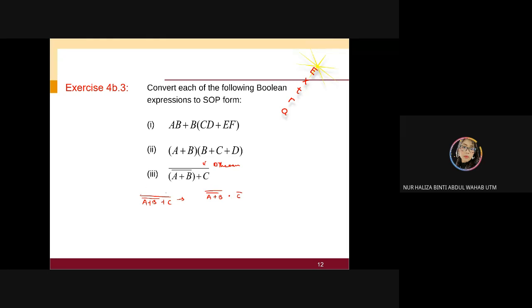I'm not going to show you one by one, because this one is already done several times and we took so long to do this. After that, you're going to get A plus B dot C bar. How are you going to convert, because this one is not a sum of product? So this is still under SOP. That's why you're going to do it as AC bar plus BC bar. Then it is a SOP.